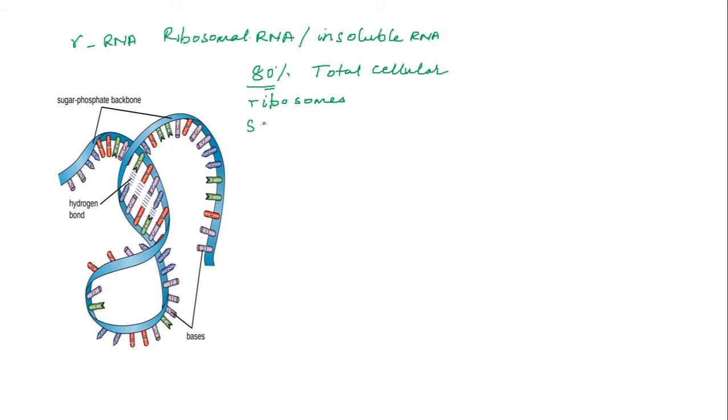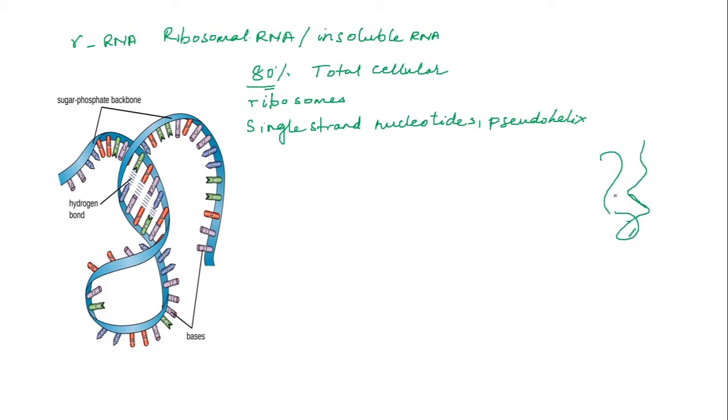It has a single strand of nucleotides, but it forms pseudohelix at several places. That means it coils over itself and then forms pseudohelix.